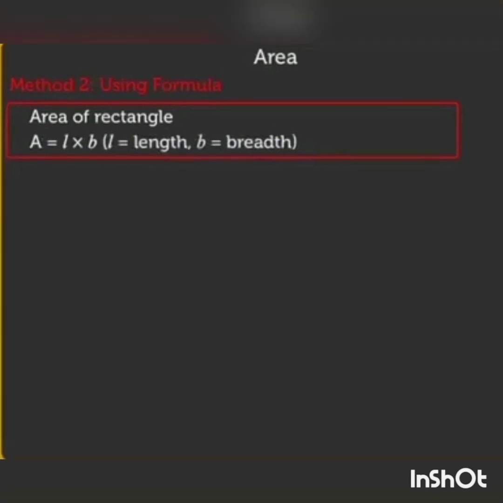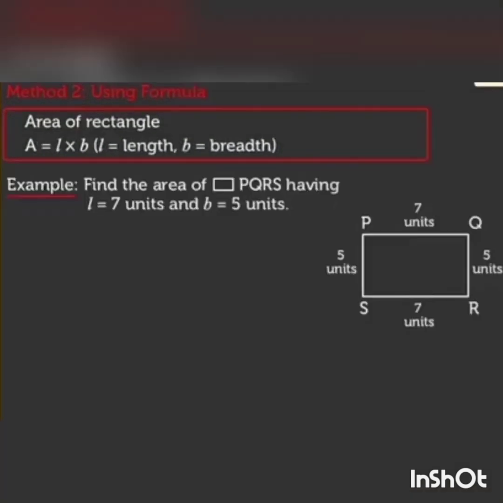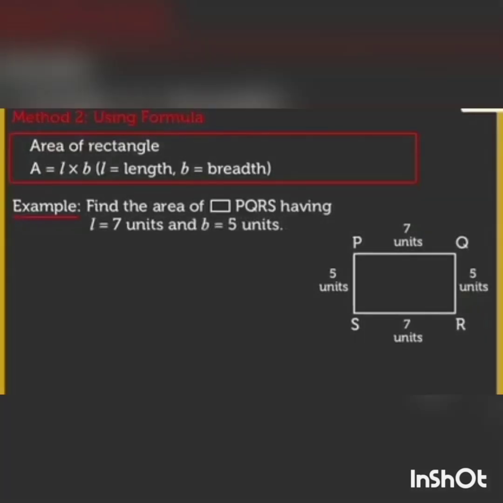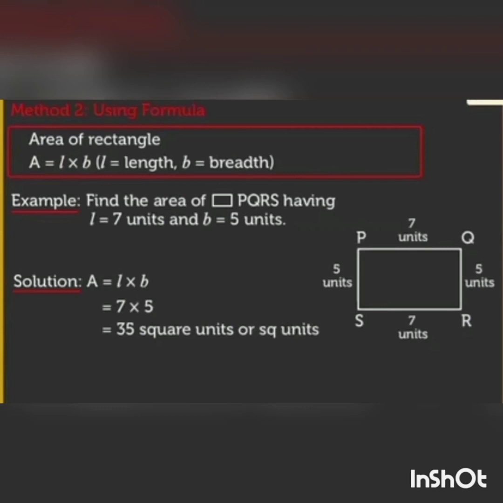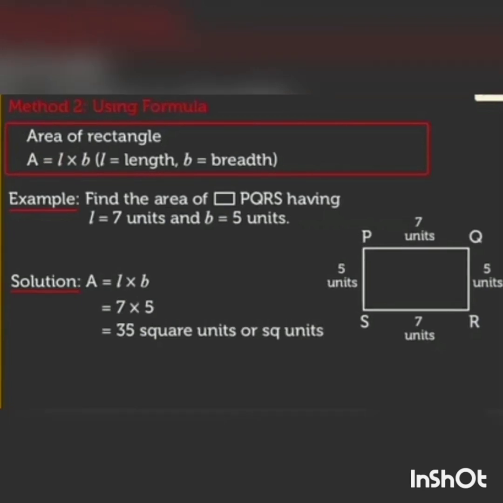Let's use this formula to find the area of rectangle PQR, having length L equal to 7 units and breadth B equal to 5 units. Therefore, by using this formula, area equal to length into breadth, we get the area equal to 35 square units.